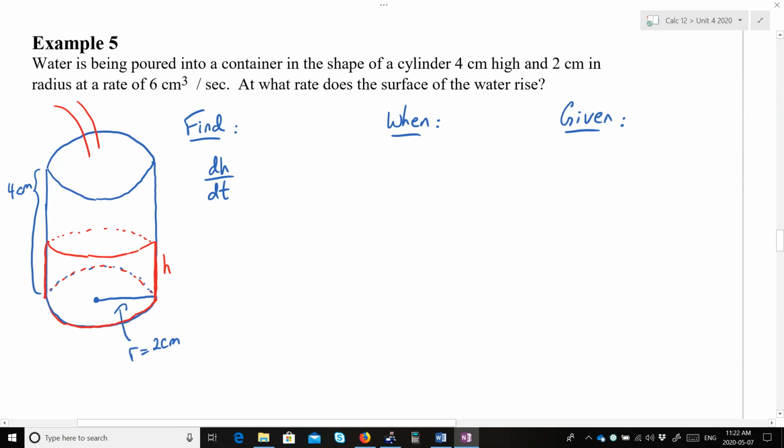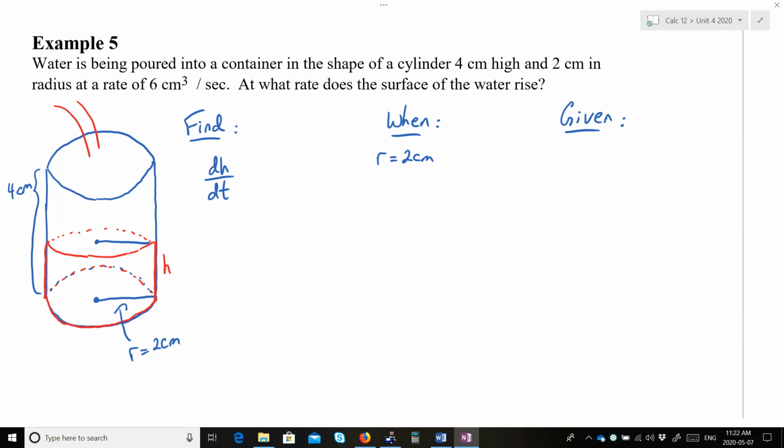And if you look at a cylinder, you have to ask yourself, does that radius ever change? No. As the height of the water increases, that radius will always be 2 centimeters. So the R is 2 centimeters. Okay, and what's given to us is the rate of volume going into the cylinder.